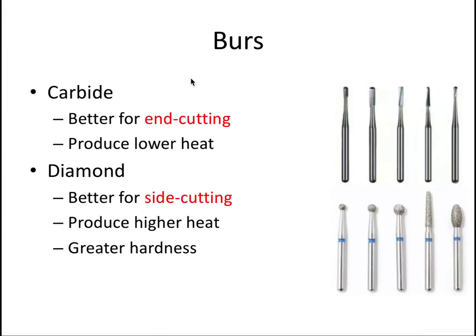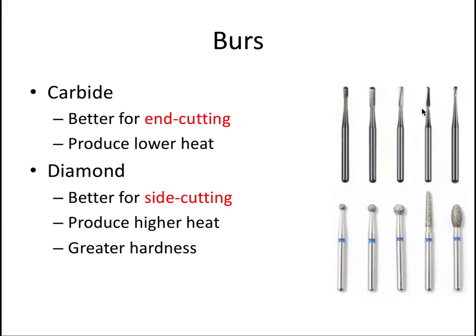So there are different types of materials that burrs are made of. Now, diamond burrs were historically called diamond instruments and not burrs, but we can collapse them into the greater category of burrs, as the ADA and dental product companies have already done for us. So carbide burrs are made of tungsten carbide, and this is what they basically look like.